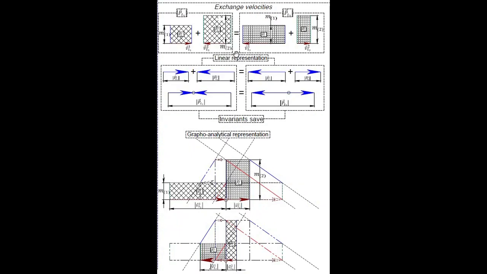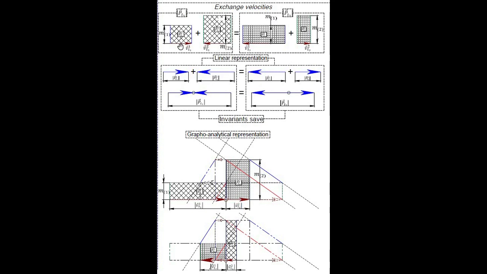The second example is the exchange of velocities. Analogously to the earlier description, I have two inertial masses m1 and m2. In the first moment of time, velocities have invariance v1 and v2, but the directions are opposite to each other.